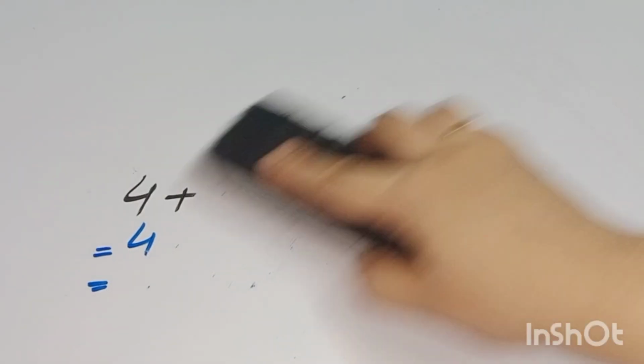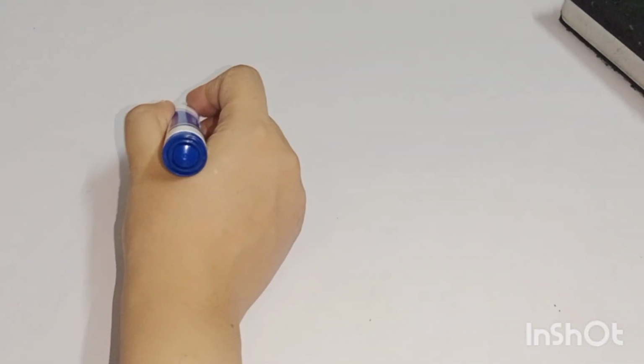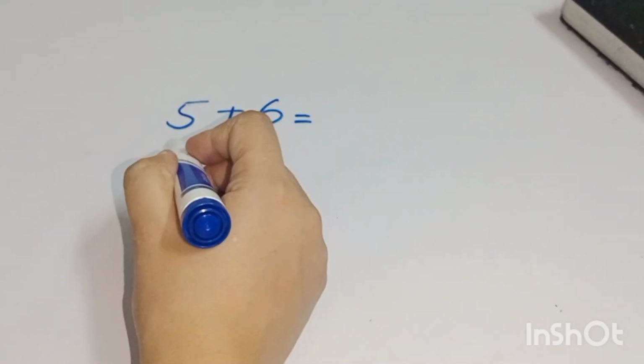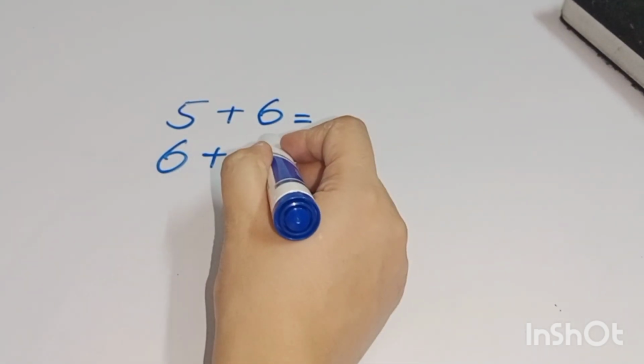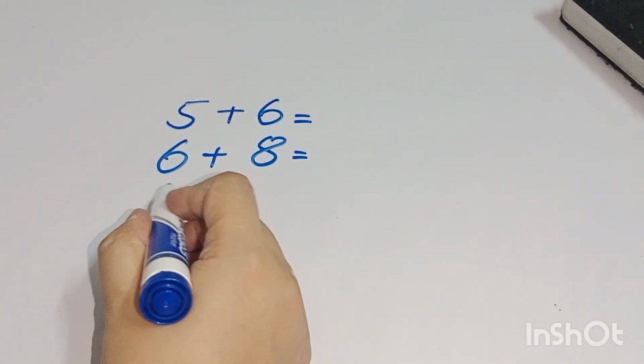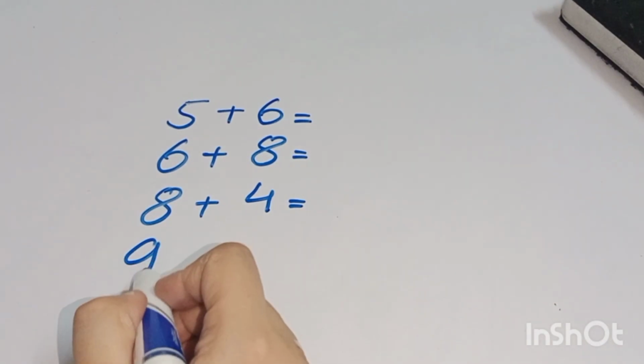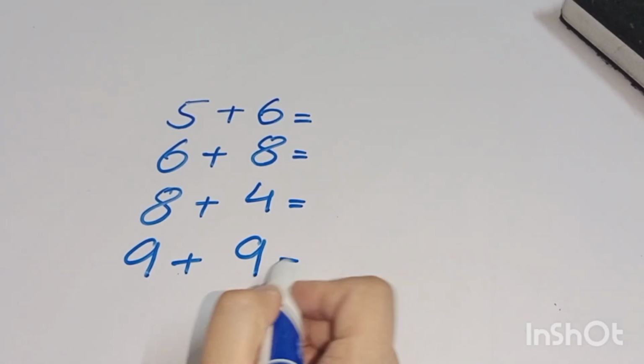Now my third puzzle here. 5 plus 6 is equal to 6 plus 8 is equal to 8 plus 4 is equal to and 9 plus 9.